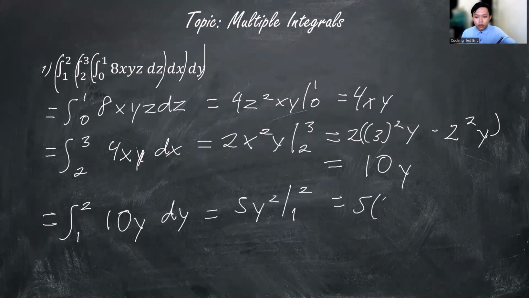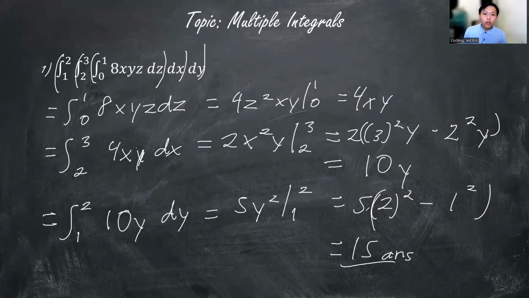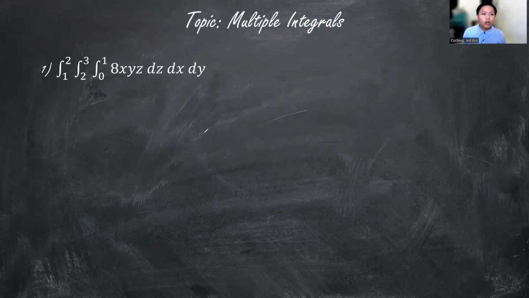Now 5 times 2 squared minus 1 squared. So 4 minus 1 is equal to 3, times 5, so 15. And that's the answer. That's how you solve multiple integrals. That's a simplification of how to solve multiple integrals. Okay, now let's clear this and move on to another example.